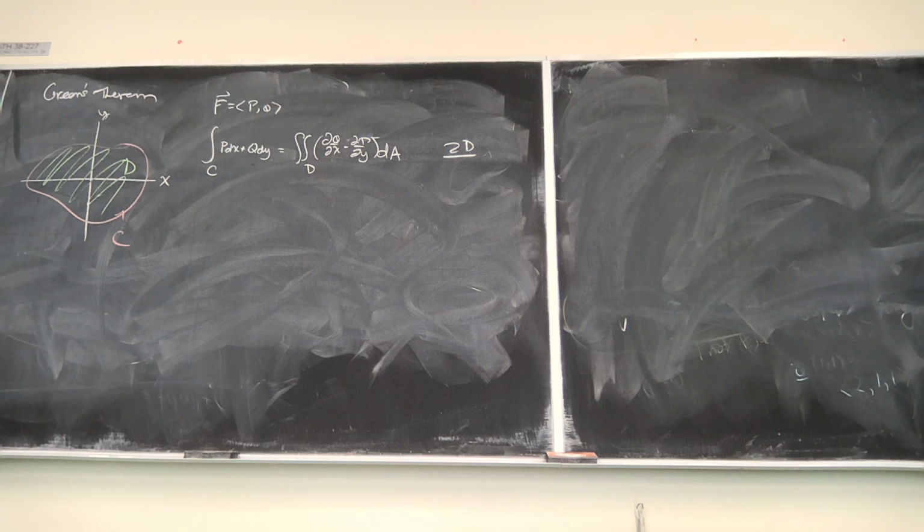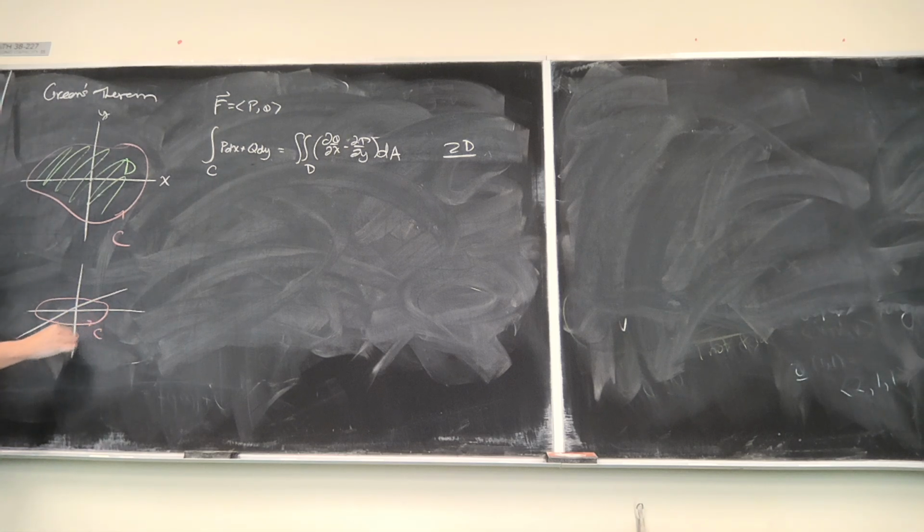And so one way to do that would be, what if I just took the theorem and I put it in 3 dimensions? I could take a 2-dimensional region and pretend it's in 3D just by letting z be 0. So I could take this region and put it in 3D, sort of just by tipping it over.